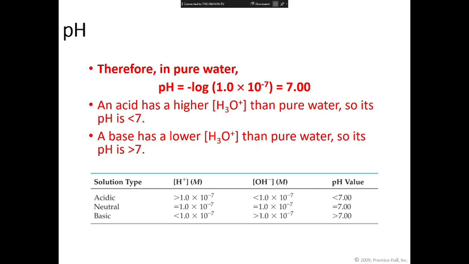If you go from 6 to 5, it became 10 times more acidic again. So if you go from 7 all the way down to 5, it became 100 times more acidic. So every time you change the pH, the acidity changed, in terms of the H3O plus concentration, by a factor of 10 because it's a logarithmic scale.